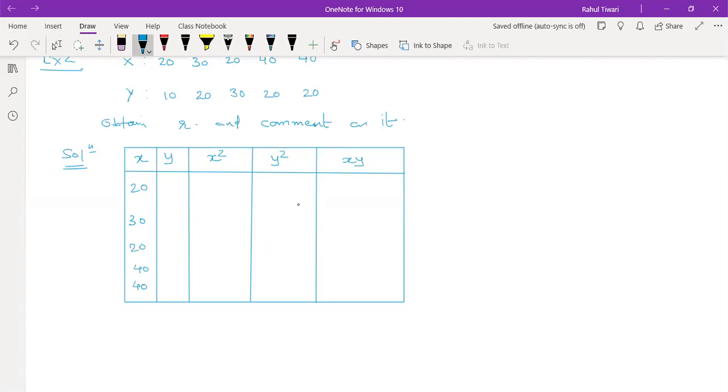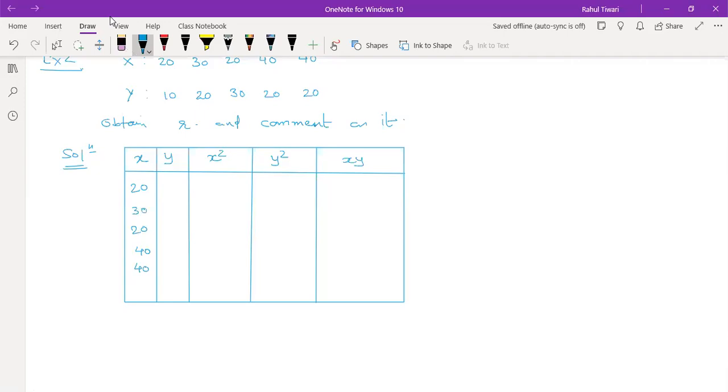Let me shift this a little bit up so that the total gets adjusted there.